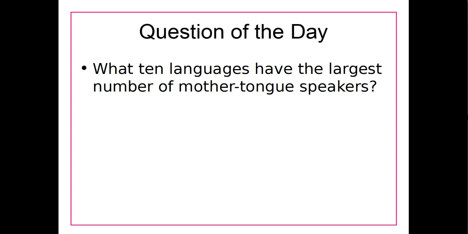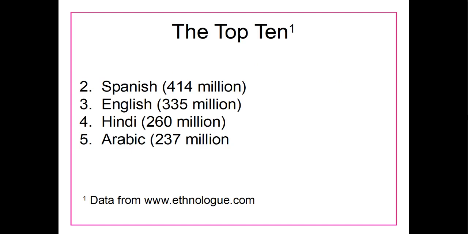It was one of the first languages they learned, and it is the language they use the most. So in the top 10, we have Chinese. Notice the asterisk there. Spanish, English, Hindi, and Arabic. Those are actually the top 5.